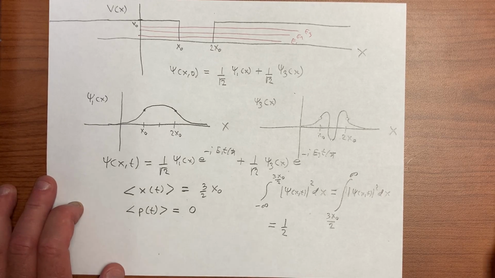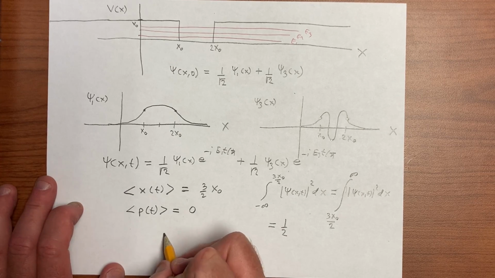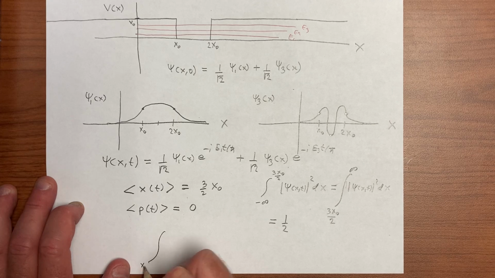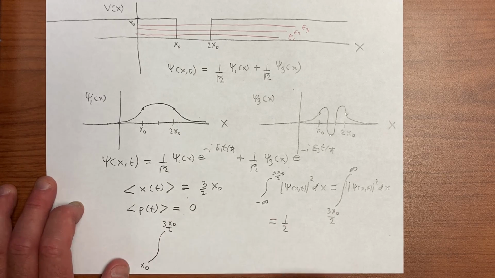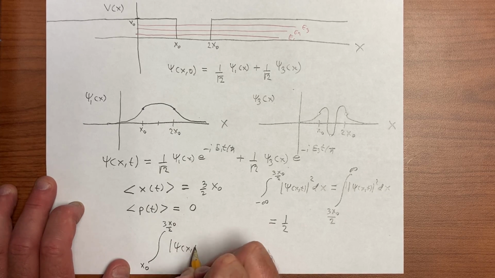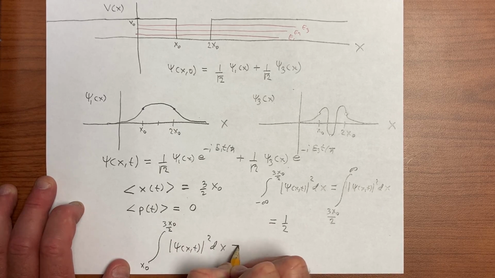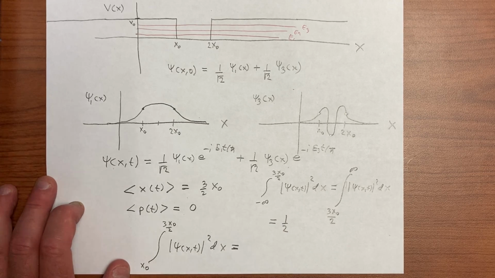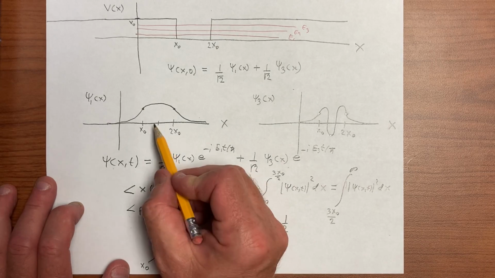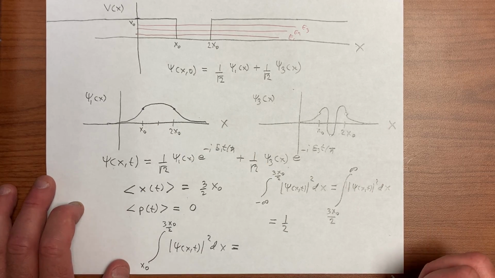And therefore we can also conclude that this quantity, the integral from x naught to 3x naught over 2 of psi x t modulo squared dx, the probability of finding the particle on the left half but inside the well, is time dependent.